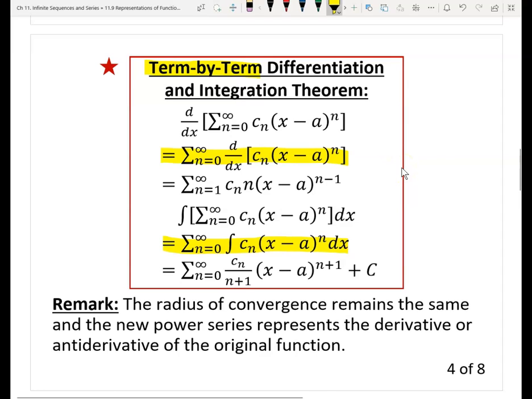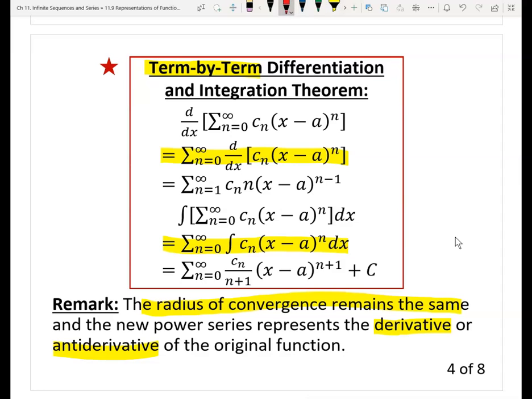So this is important. Later we're going to use this. And second, the new power series represents the derivative or the antiderivative of the original function. What does this mean?